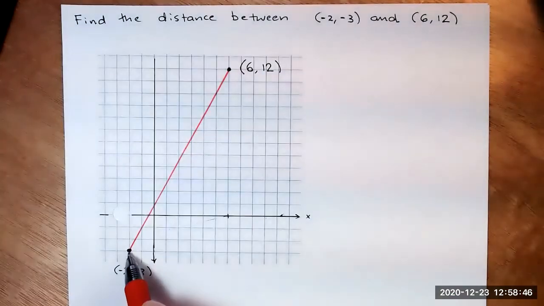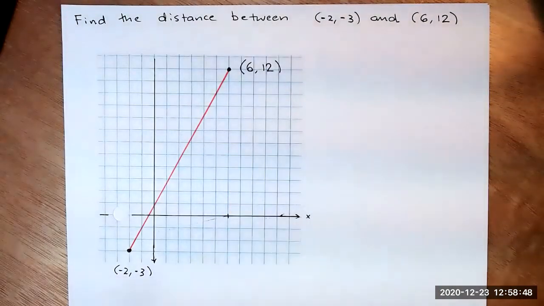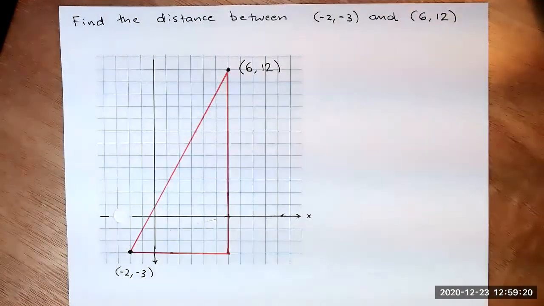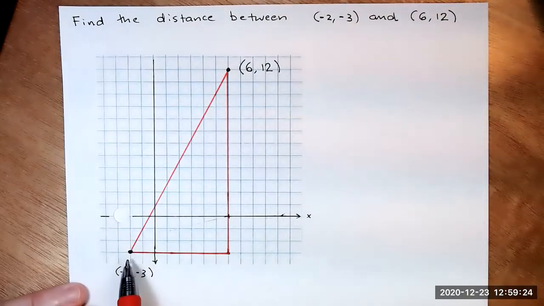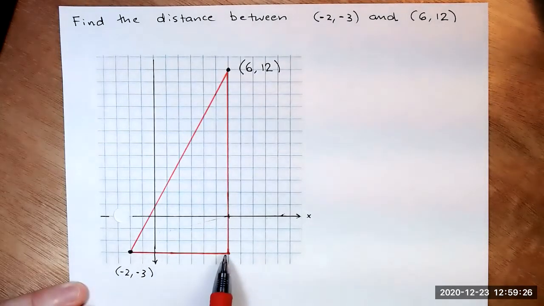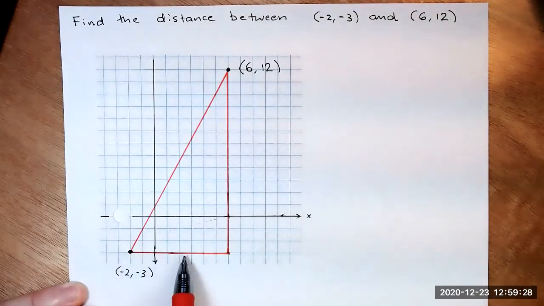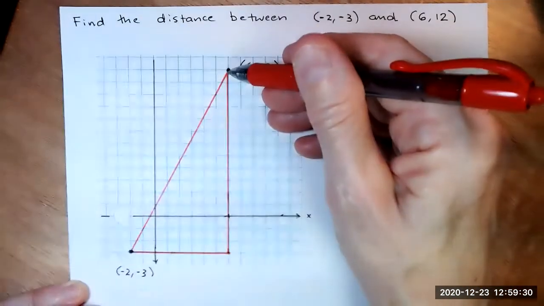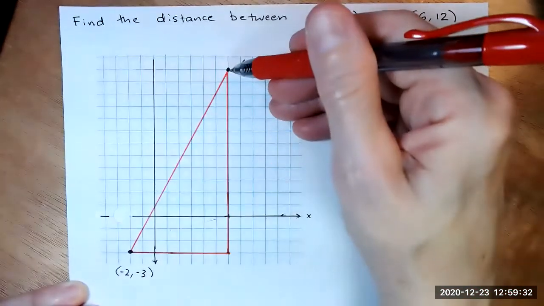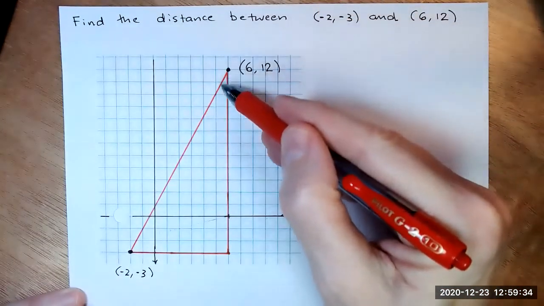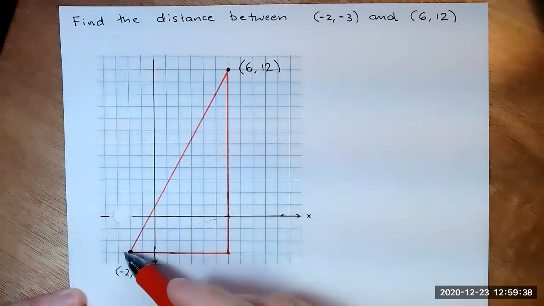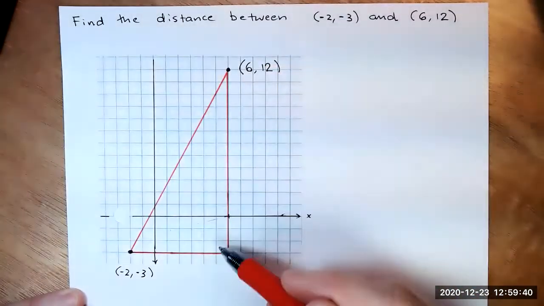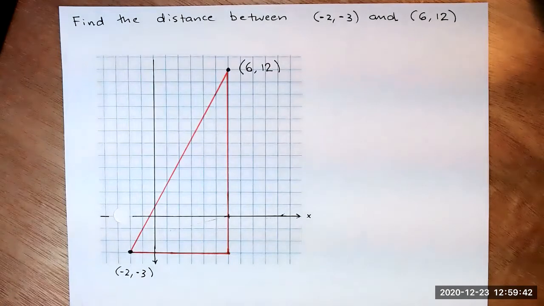And if we use these points to draw a triangle, then we can just find this distance here and this distance here and use the Pythagorean theorem to find this, which is the hypotenuse of this triangle.